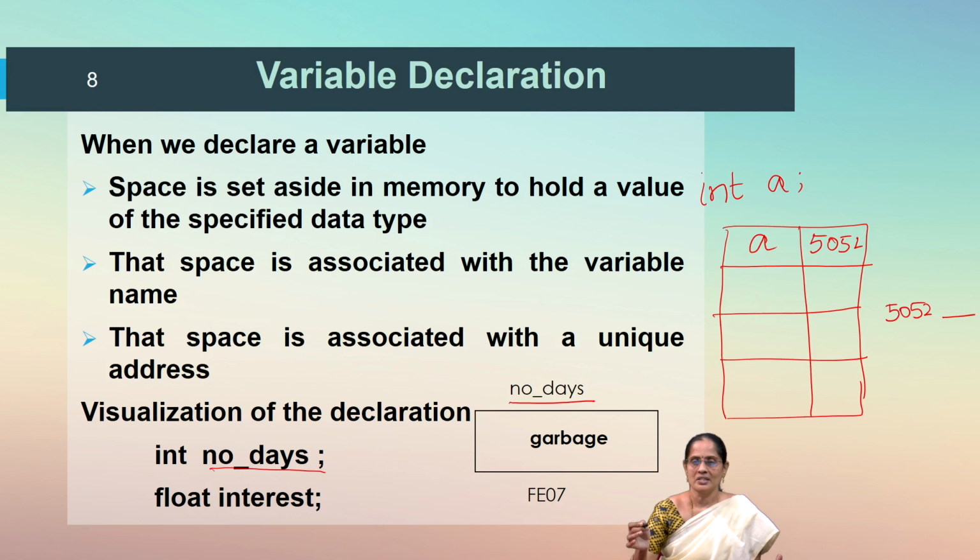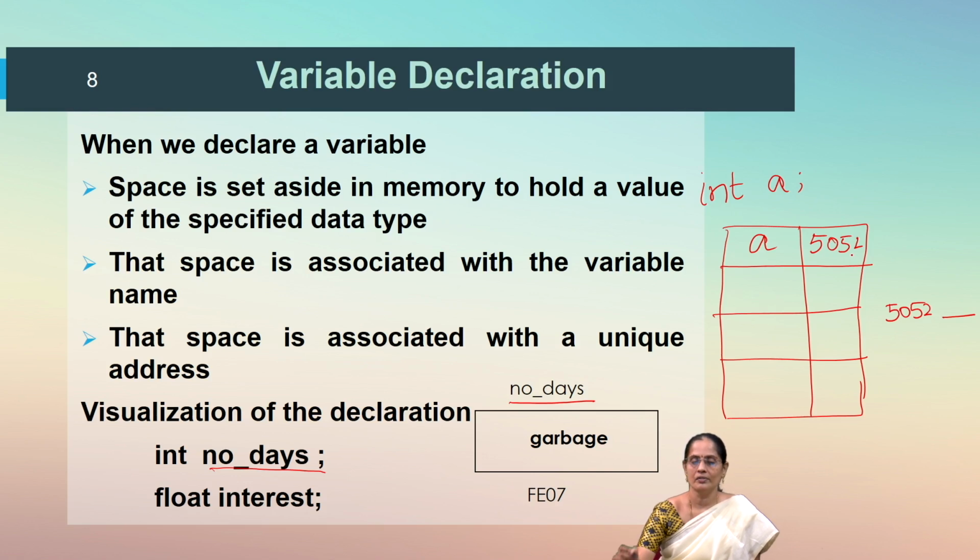If it is not assigned in the program, it remains a garbage value, some random value which already exists or which is not cleared in that particular location. So what happens when I use the variable name a? Immediately the compiler is able to identify the value of that variable from the given address.